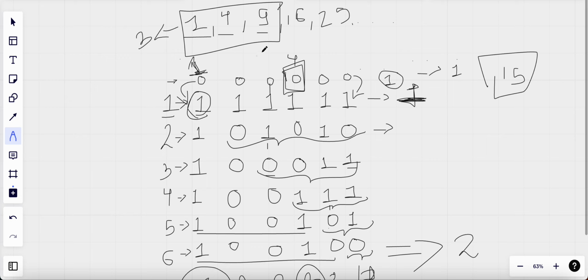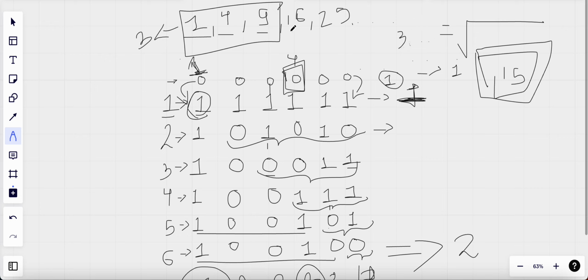All right, so the result would actually be the square root of the total number of bulbs, 15. Why? The square root of 15 is equal to 3 point something, right?